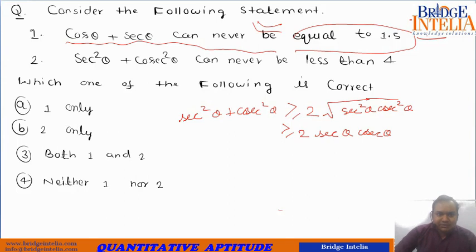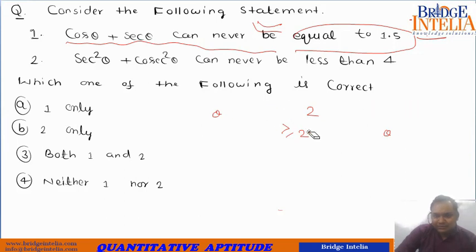So we break this sec square and cosec square in terms of tan square and cot square, and let's see then what happens. So this cosec square theta can be written as 1 plus cot square theta.